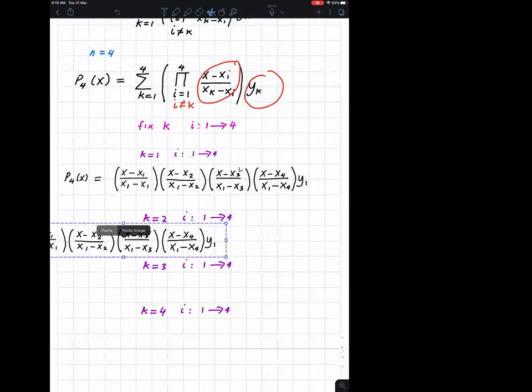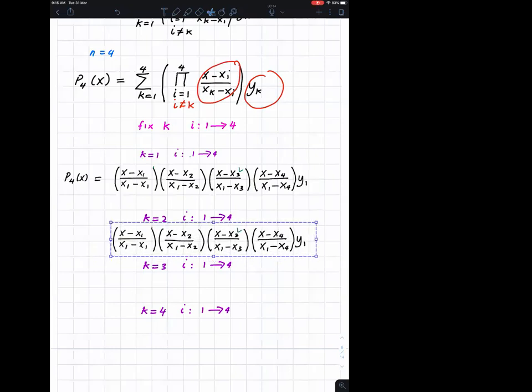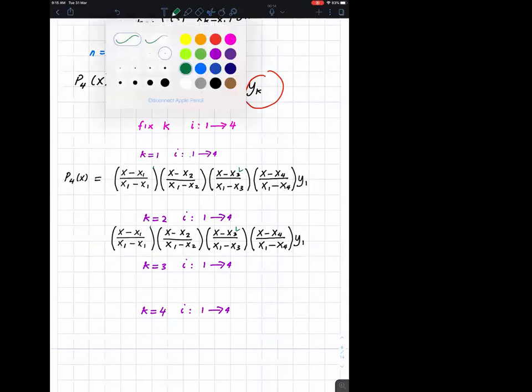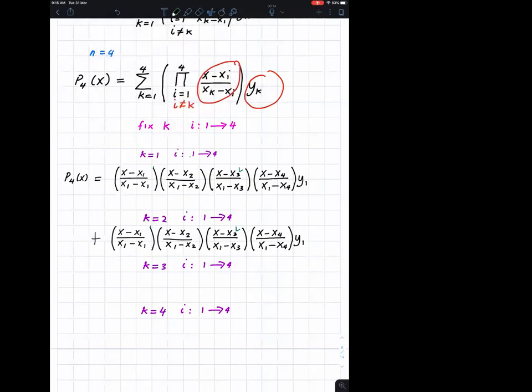Since I'm lazy, I'm going to copy and paste this. So I'm going to do this for k equal to 2.